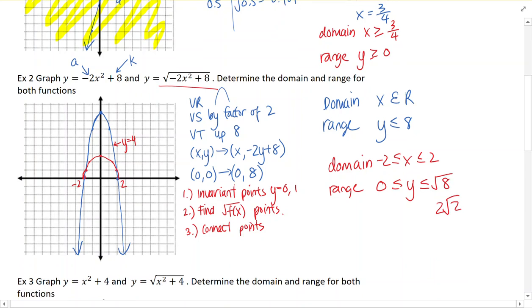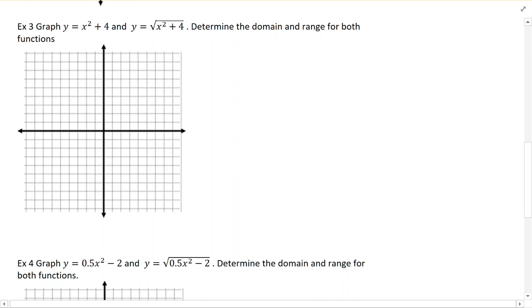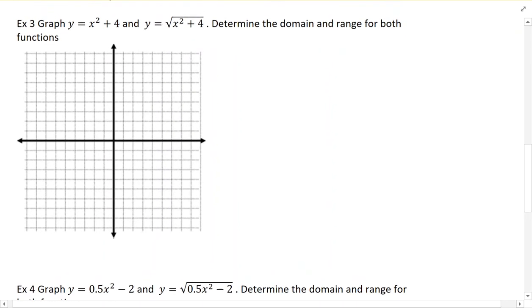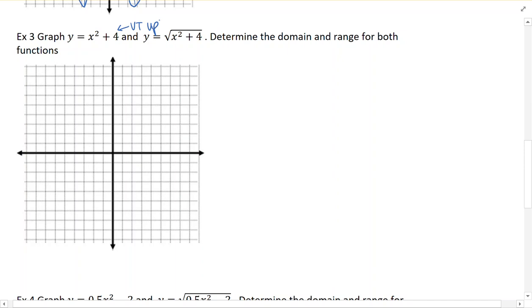Okay, next example. Again, we have another parabola, but this time this parabola is going to look slightly different. It's just going to have a vertical translation up 4. There's only one translation, so I'm going to write it there. So it's a normal parabola that is just up here.